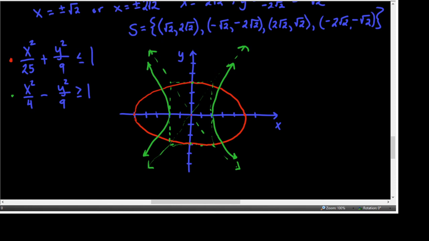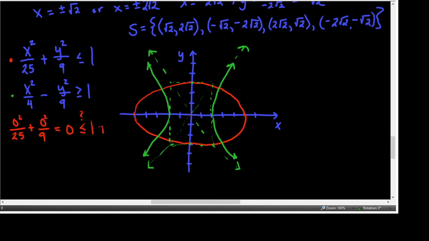So if I try 0, 0, which is a really good point, the center is almost always a good one to use because it simplifies arithmetically very nicely. So 0 plus 0 is equal to 0. The question is, is that less than or equal to 1, true or false?